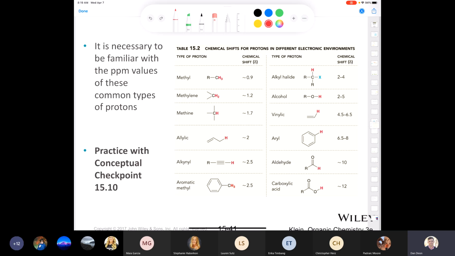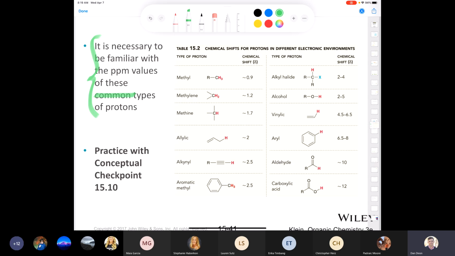I will provide you with a table similar to this one for your quiz. However, it would be wise for you to familiarize yourself with the chemical shifts of common types of protons. Why? Because they're common. They show up so much, it gets kind of annoying to have to refer back to a table every time for every single proton under the sun. That would be really an annoyance.